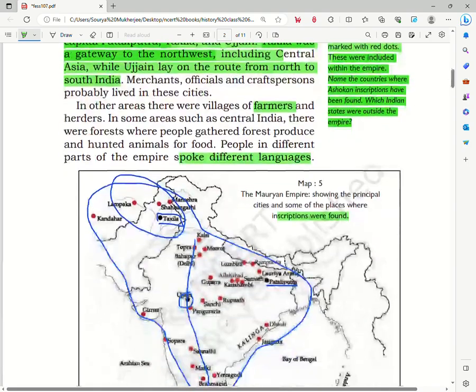So naturally, guys, the empire is quite diverse, and people had different occupations in different parts of the empire. Some were farmers, some were nomadic herders, and some were hunter gatherers and so on. And also due to the vast difference in area, the language spoken in different parts of the empire was also quite varied.